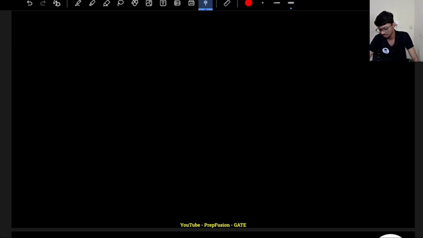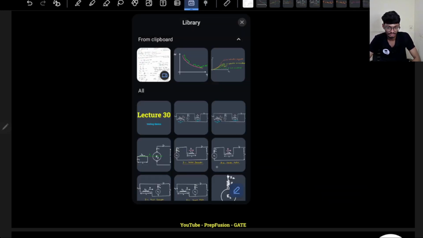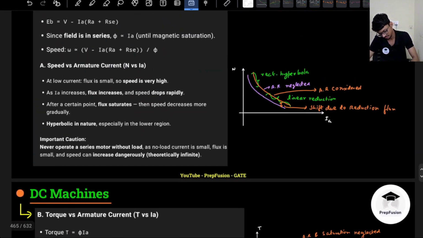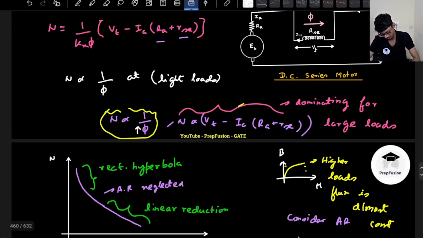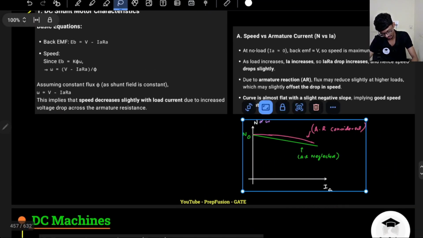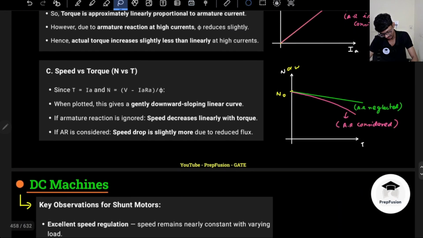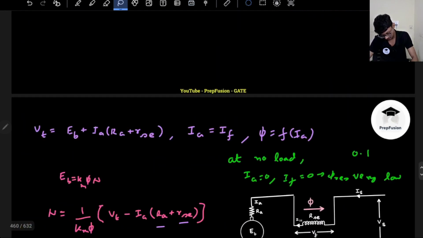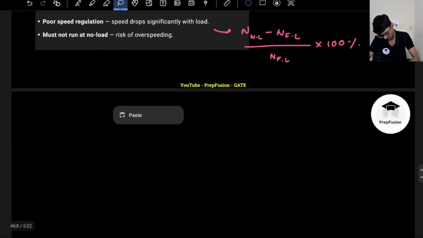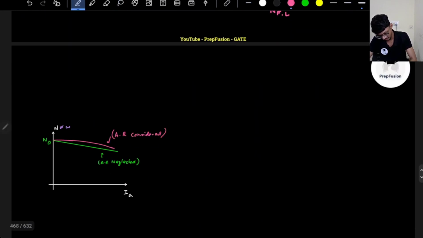Now let's discuss the compound motor. So if I discuss the compound motor, what is the equation in a compound motor? Compound motor basically will combine both the series and the shunt field characteristics. Okay, so let me here copy a few graphs. Let me copy the series one. Let me copy the shunt one. Shunt speed. Okay, I have to copy everything, right? That will be time consuming. These are the shunt characteristics.